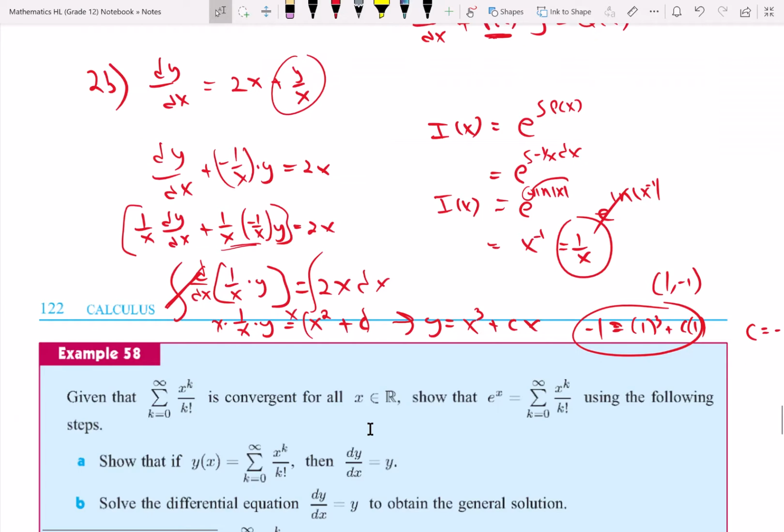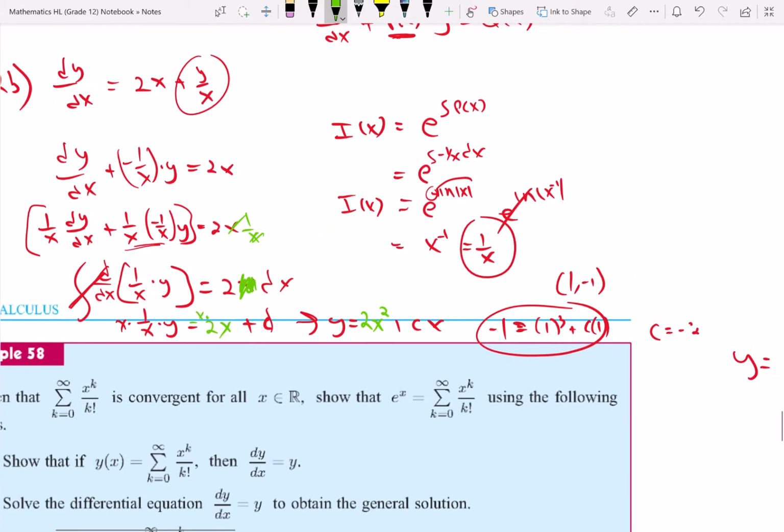Remember when I was multiplying by 1 over x? Maybe you caught this when I was doing it. I didn't multiply the right-hand side by 1 over x. So let me do this in a different color so you can see what I'm doing. I should have been multiplying this side by 1 over x as well, right? Which, these x's cancel, and then I'd just be left with 2 here. When I integrate 2, I just get 2x, and so then when I multiply both sides by x, I just get 2x squared.